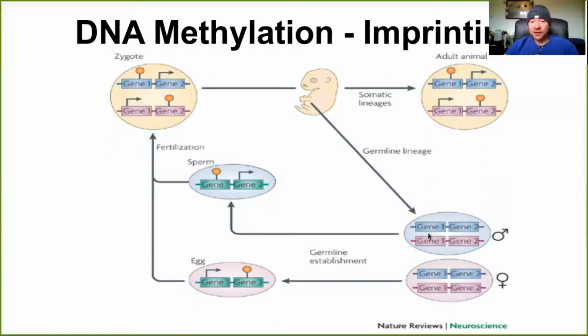Now, these eggs and the sperm that are produced, they can maintain the methylation patterns, some of them can, that were taken from the parent, different in males, different in females, so that when eggs and sperm fuse together, you can end up with a new zygote that has got a certain specific methylation pattern. This is known as imprinting. Not going to go into imprinting in a lot of detail right now, but let's just say that it is quite important in biology.